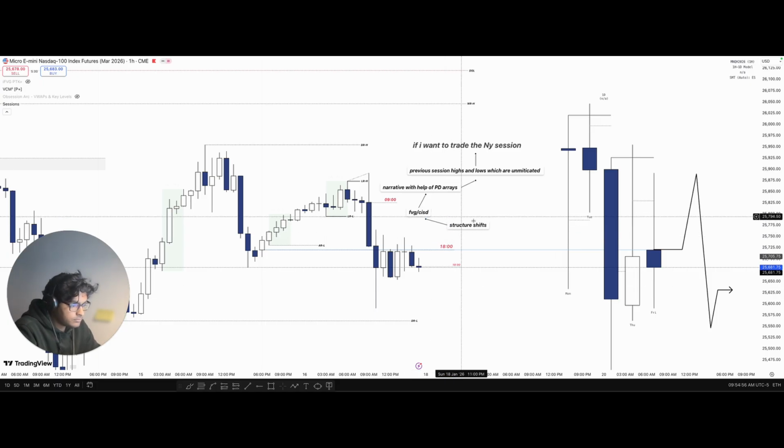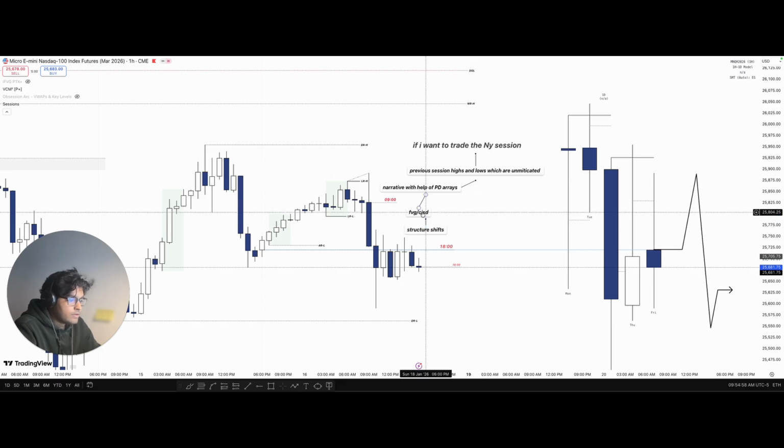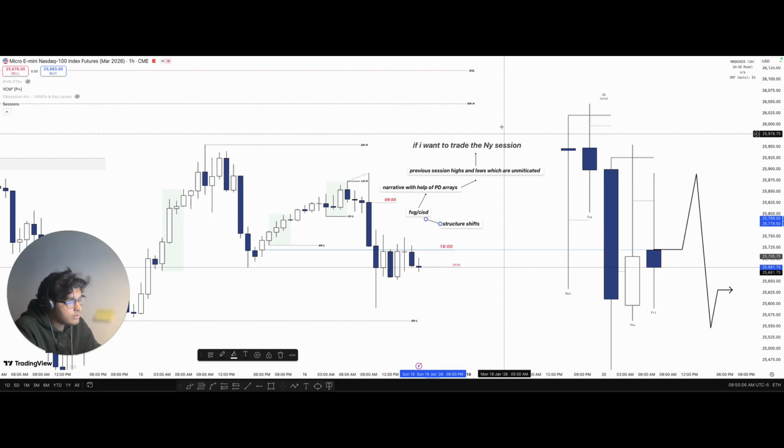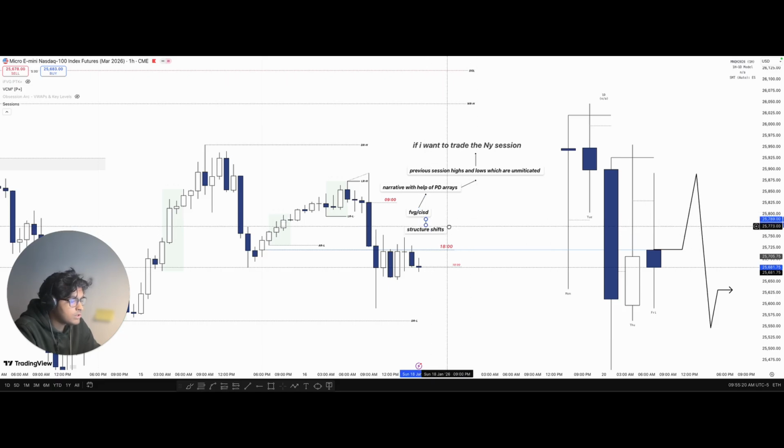FVG and CISD actually give you a structure shift or not, that is, whether the price is going upwards or downwards. If it has to go up, it will give you a proper narrative, and we will understand this narrative with the help of FVG and CISD. By this we understand what the structure is trying to do.